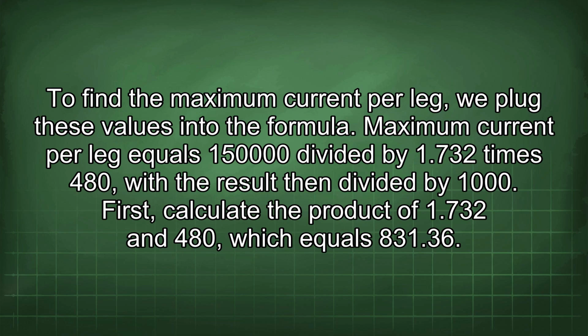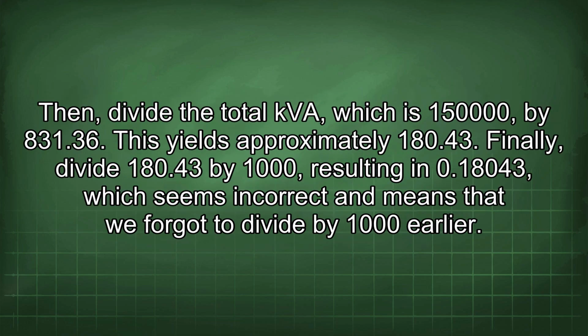First, calculate the product of 1.732 and 480, which equals 831.36. Then, divide the total kVA, which is 150,000, by 831.36. This yields approximately 180.43.